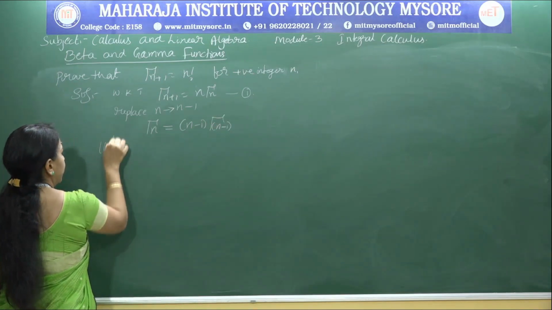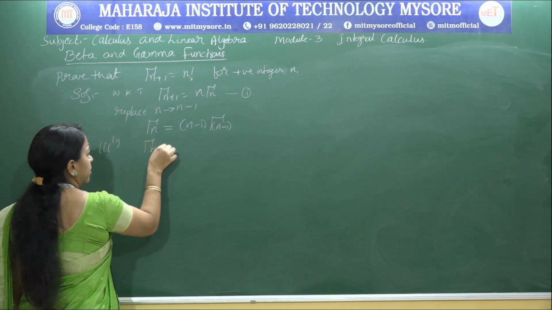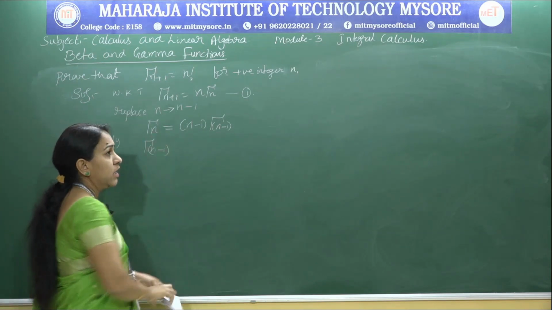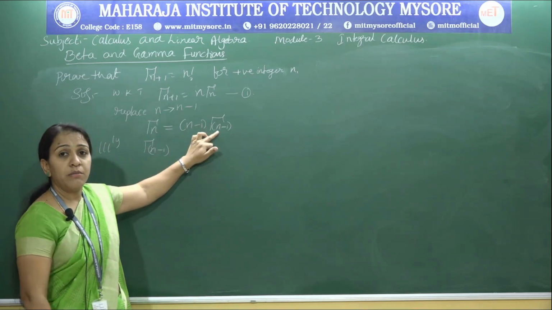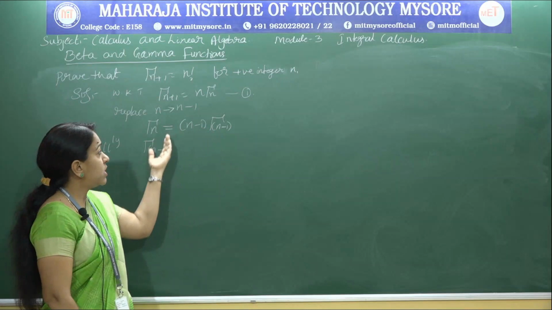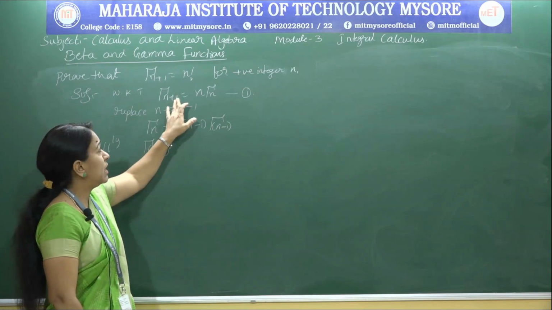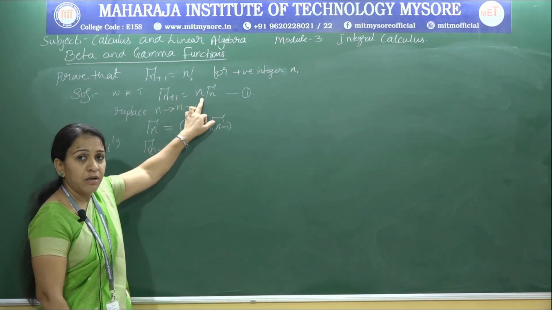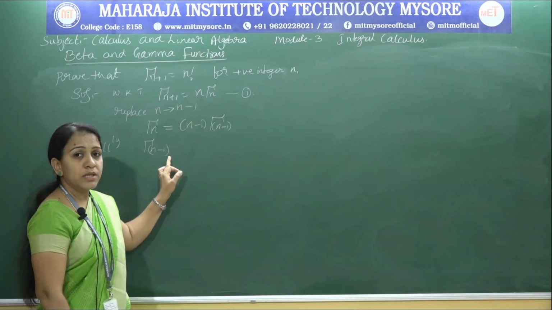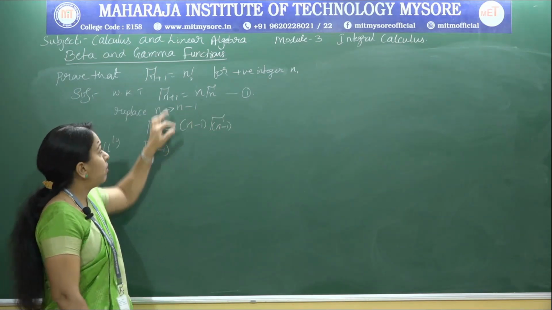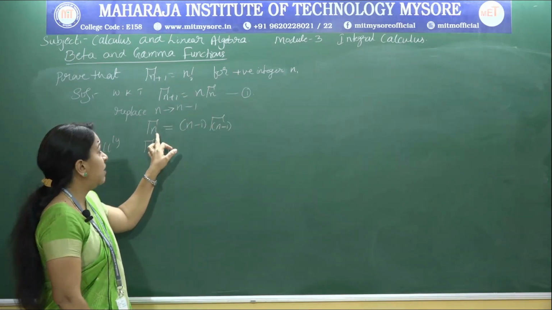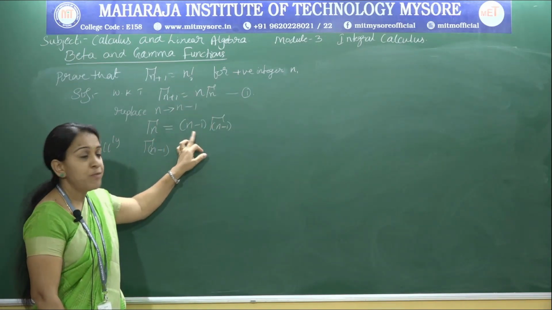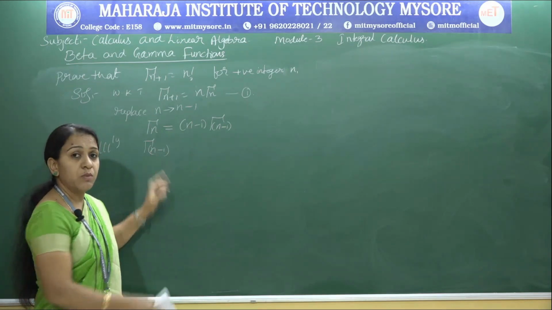Similarly, gamma n minus 1 is defined as n minus 2 into gamma n minus 2, that is the previous number of n. Here also, for n plus 1 the previous number is n. So, instead of substituting in all the steps, let me define in general that for n plus 1 the previous term is n. Similarly, for n the previous number is n minus 1. So, how to define gamma n minus 1?